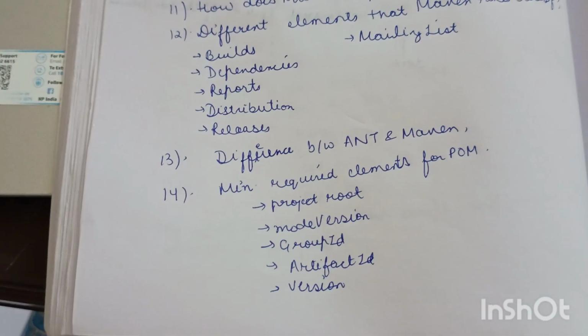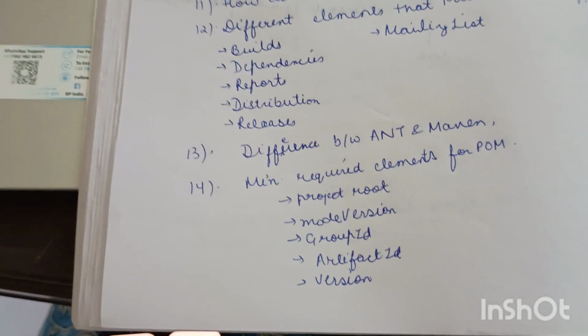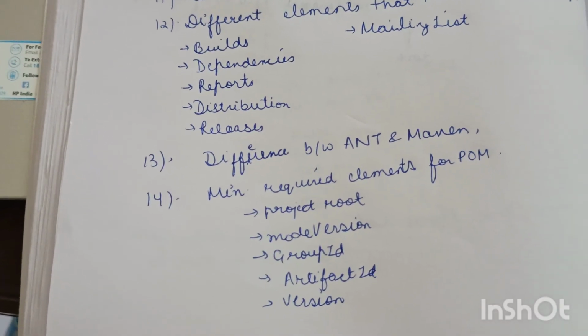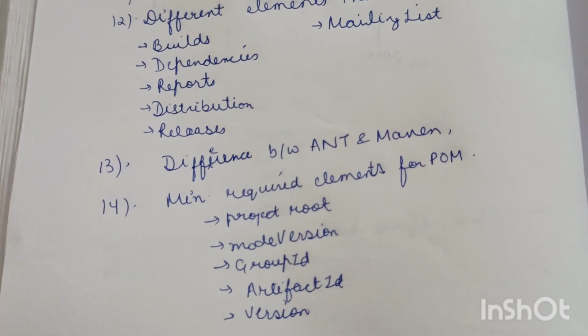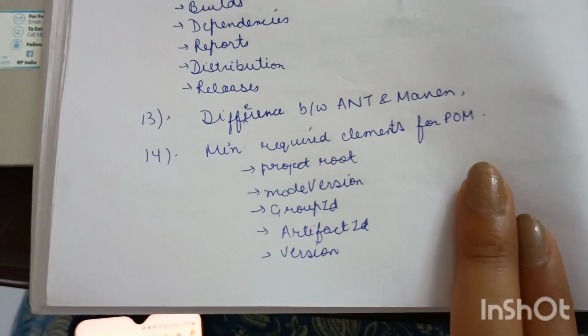What is the difference between Ant and Maven? Ant has build.xml and Maven has pom.xml, and Ant is procedural.